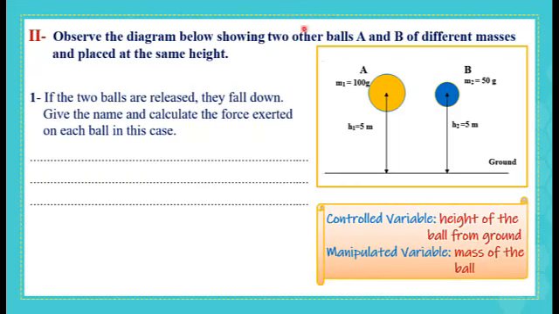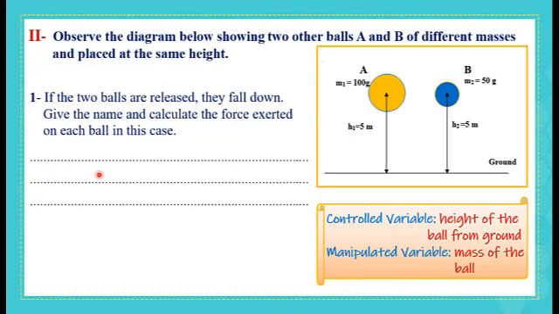If the two balls are released, they fall down. Give the name and calculate the force exerted on each ball in this case. Here, the ground or earth attracts the two balls by the gravitational force or weight. So, the force exerted on each ball in this case is the gravitational force, weight.